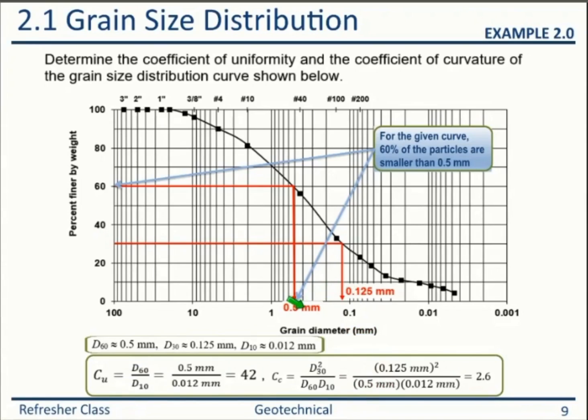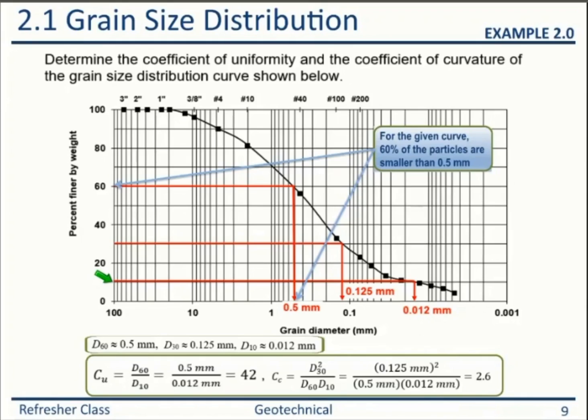It has to be in millimeters. Now you also need D10, which is 10%. This is your 0%, that's your 20%, 10% is here. From the 10%, draw a horizontal line and read the corresponding particle size, which in this case is 0.012 millimeters.